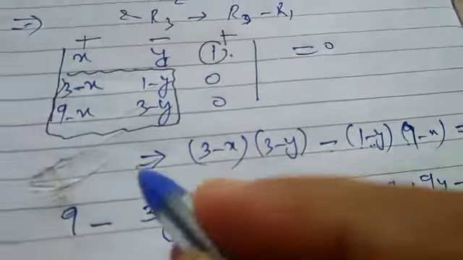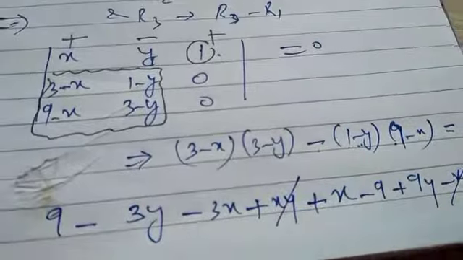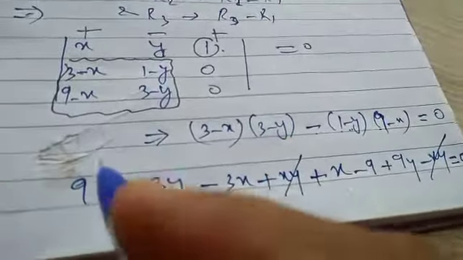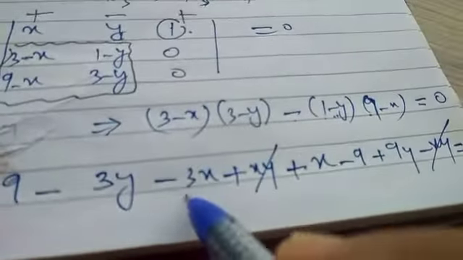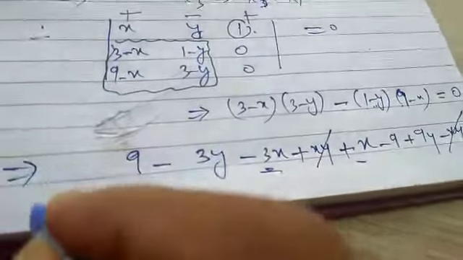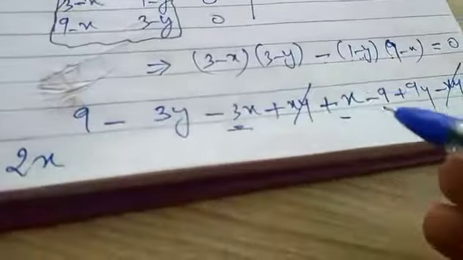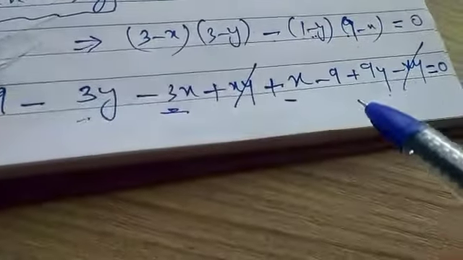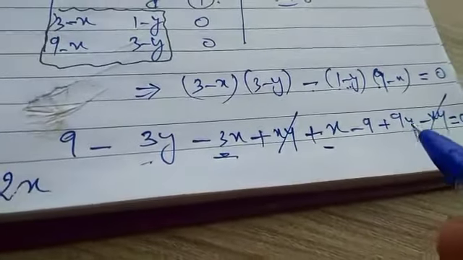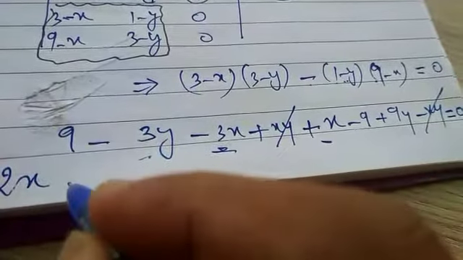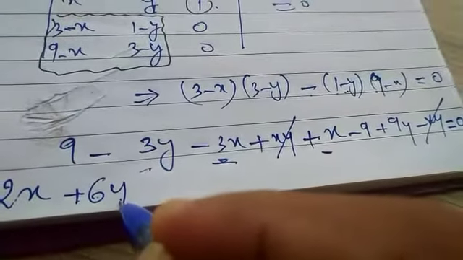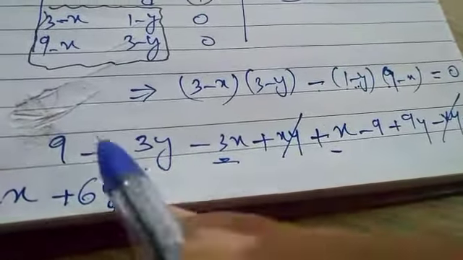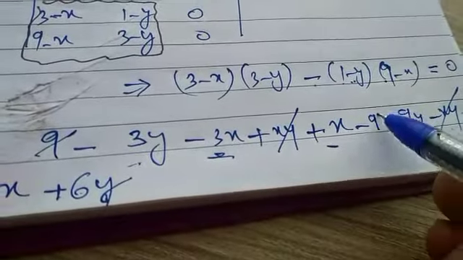So minus xy and plus xy, the quadratic terms, get cancelled, which implies that we are still in the linear domain of equations. So minus 3x plus x will be minus 2x. Minus 3y plus 9y will be plus 6y. And plus 9 minus 9 will get cancelled.